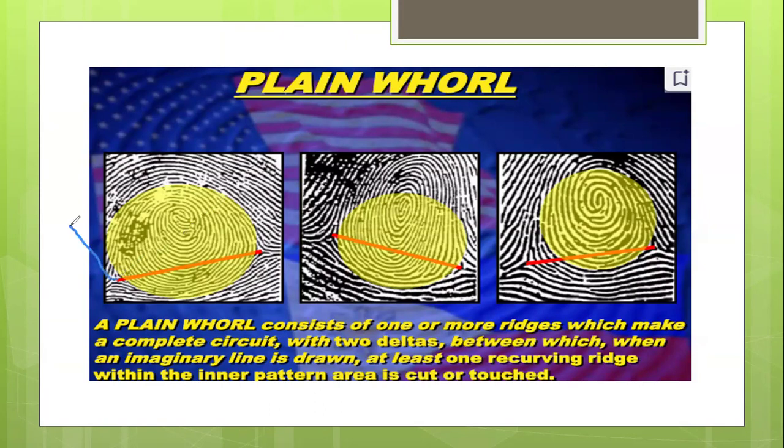This is LD, meaning left delta. And this one is the RD, meaning right delta. When drawing an imaginary line, it must emanate from the left delta to the right delta. This is the imaginary line from left delta to the right delta.